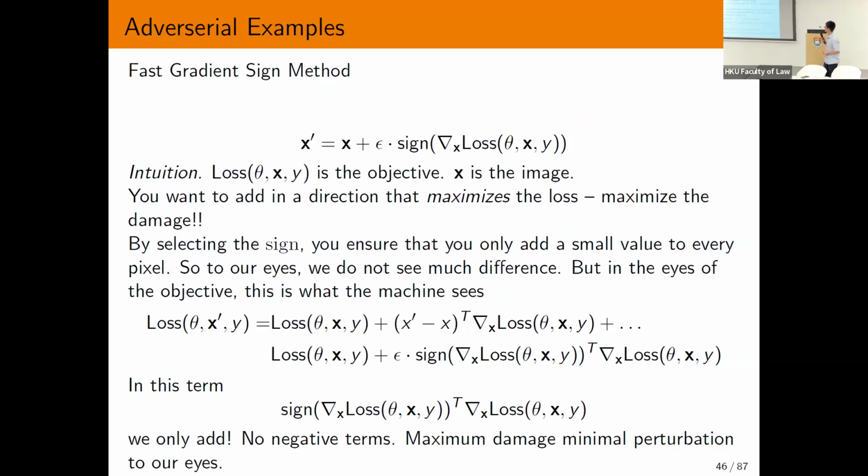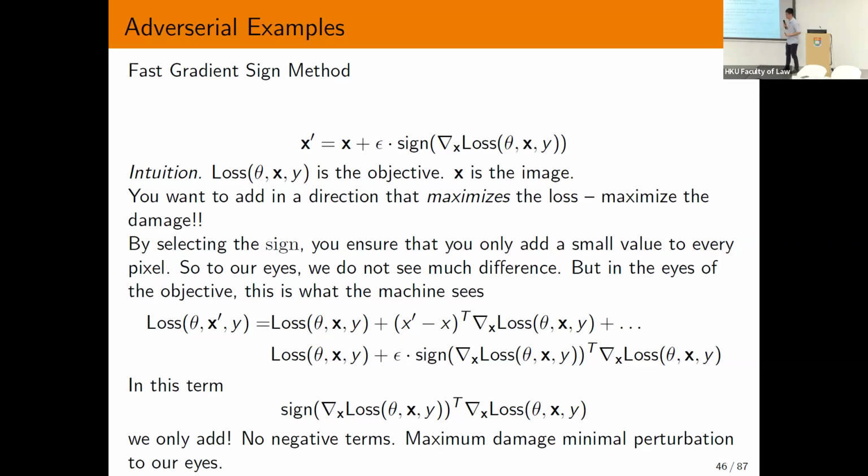There's a formula here, which you don't have to pay too much attention to. There's some mathematics behind this. The idea is that they pick this thing that they add over here.